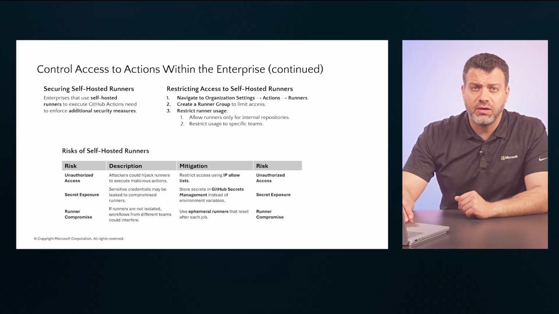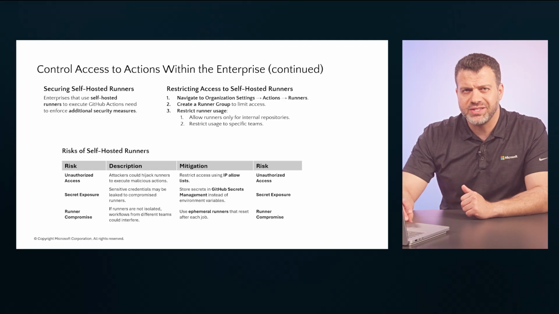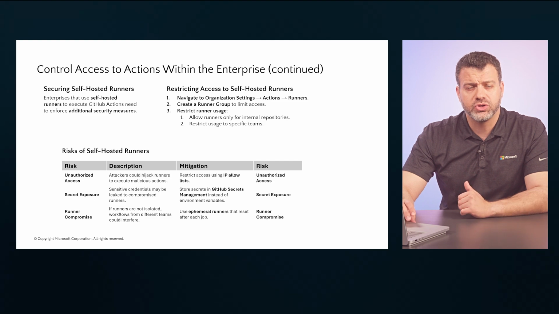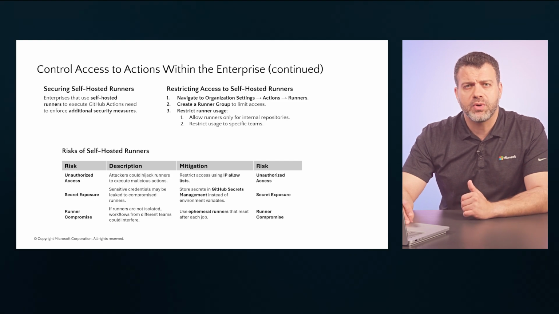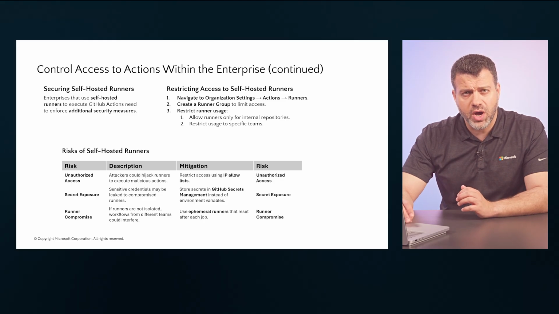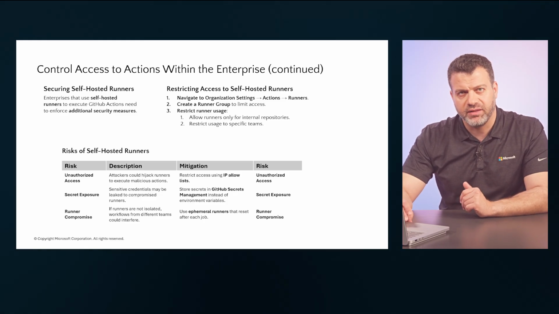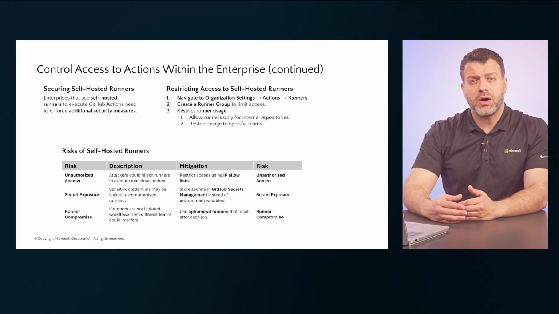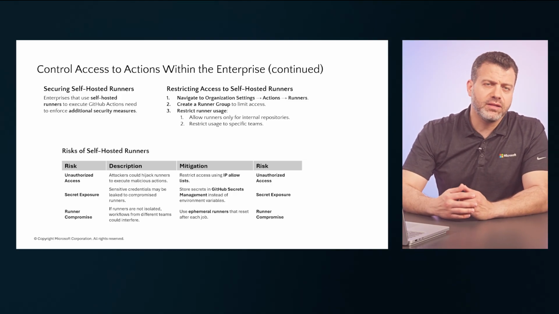The key risks are unauthorized access, someone runs an untrusted workflow, credential leaks from secret exposure, and runners compromised from a persistent attack surface. So to secure your runners, restrict which repos can use them. Store secrets in GitHub, not on the machine itself. Use ephemeral runners, which are destroyed after use, and limit runner access within the group. So self-hosted runners are powerful, but they must be tightly controlled.